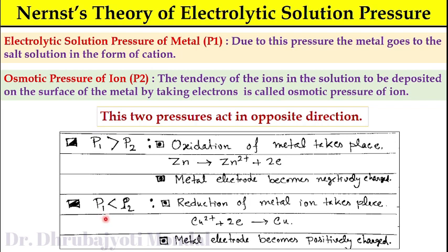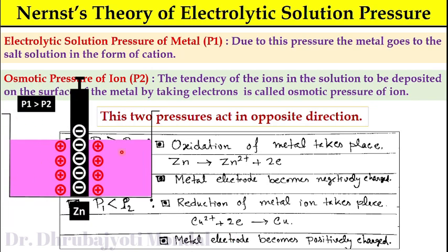But when P1 is less than P2, reduction of the metal ion takes place. That means here Cu2+ gets 2 electrons and converts to copper, so the metal electrode becomes positively charged. If you consider the zinc electrode and its electrolyte, here P1 is greater than P2.